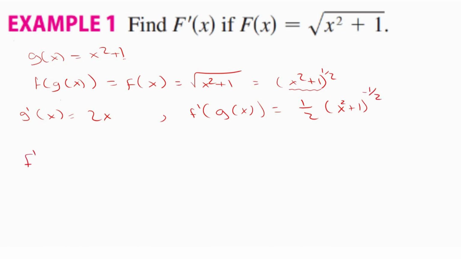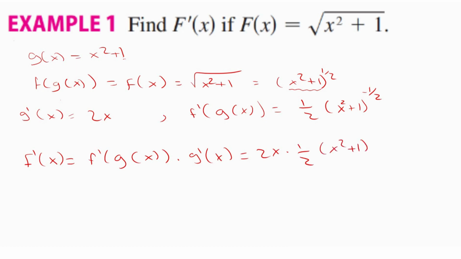So capital F prime of x is going to be f prime at g of x multiplied by g prime of x. And this basically will give us 2x multiplied by 1 over 2 times x squared plus 1 power negative 1 over 2. And here we can cancel these out. We can write it in another form, x over square root of x squared plus 1.